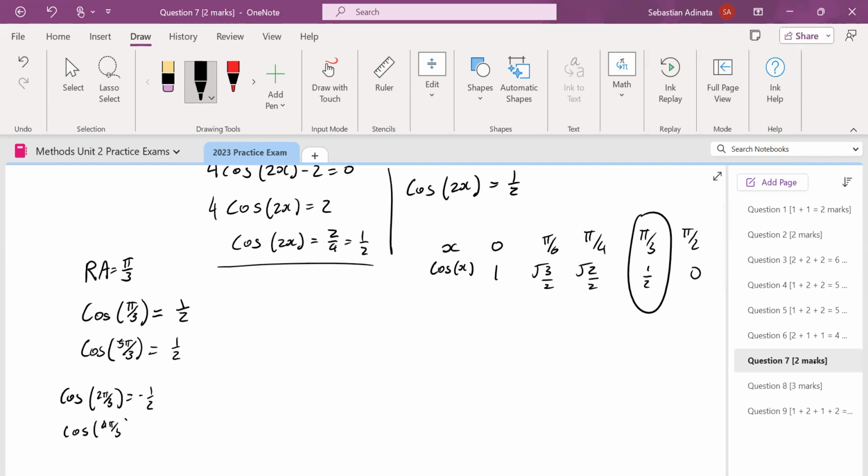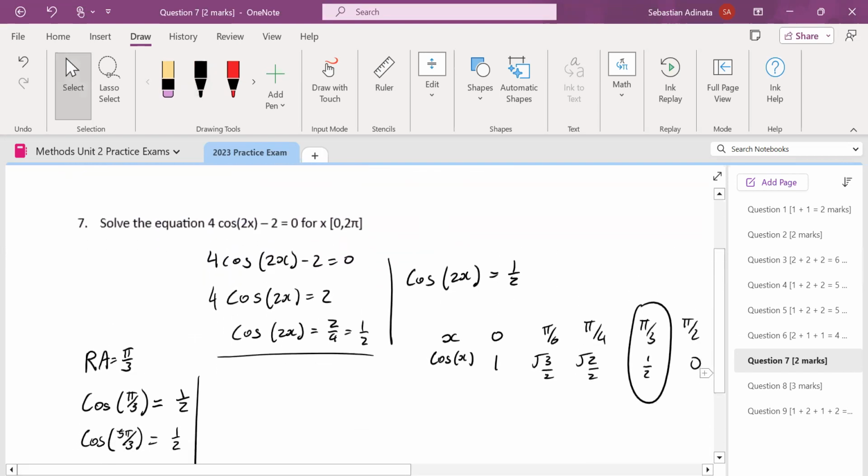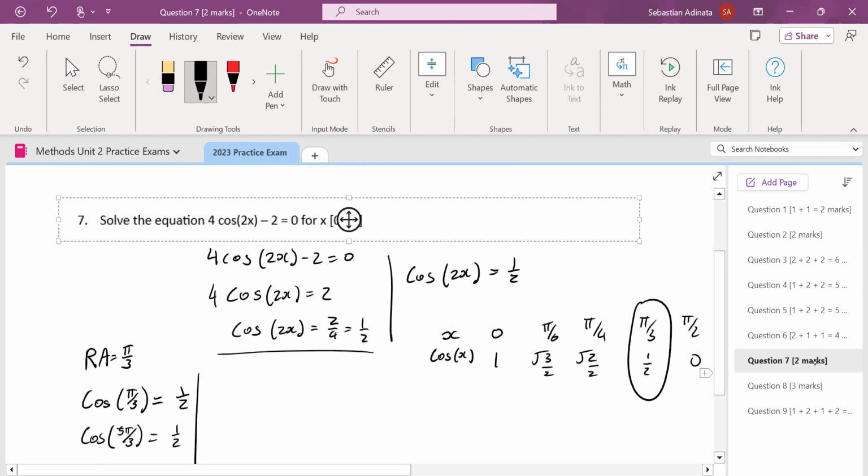We won't use these values, but just for additional context, if you imagine the graph, this is pi on 3, 2 pi on 3, 4 pi on 3, and 5 pi on 3, and there's 1/2. So, next thing to look at is the period. Clearly, we can see it's from 0 to 2 pi.